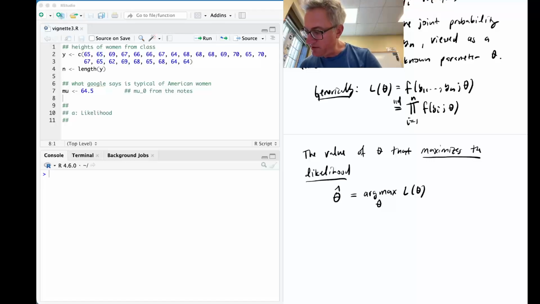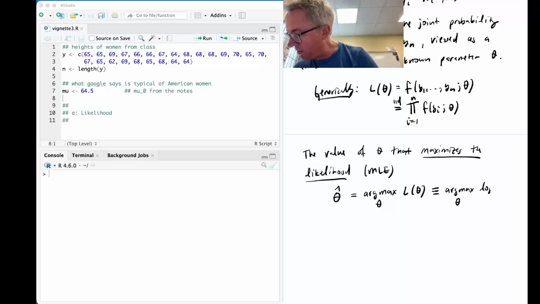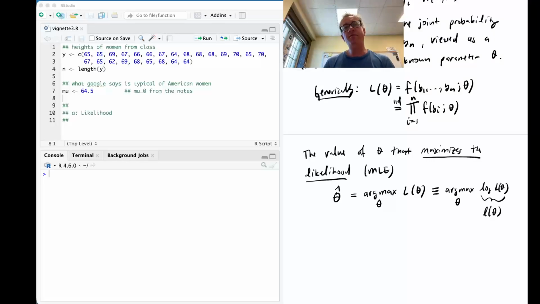So that's the MLE, the maximum likelihood estimate. And this is the same as the value that maximizes the logarithm of the likelihood because of critical points and calculus, and the notation that we sometimes use for the logarithm of the likelihood is lowercase l of theta.